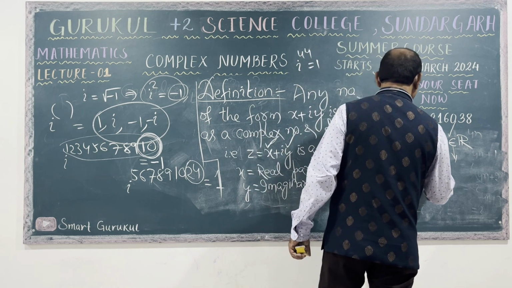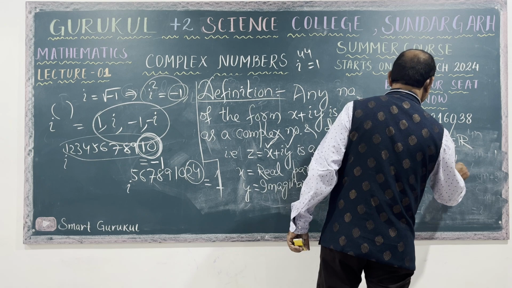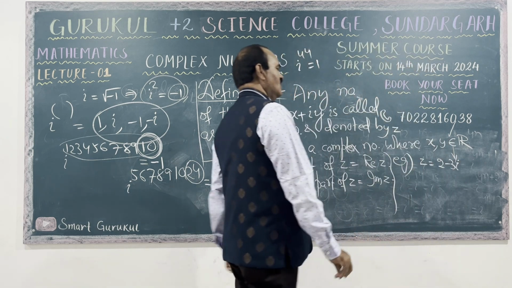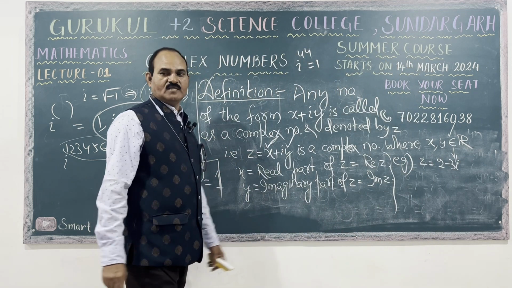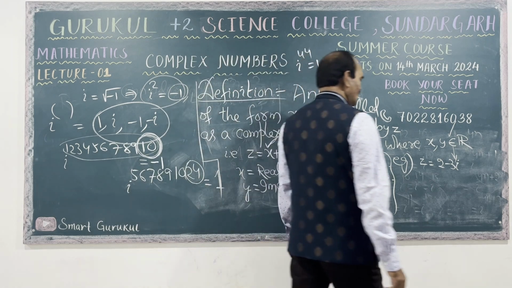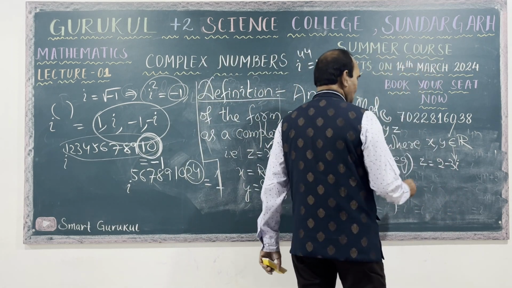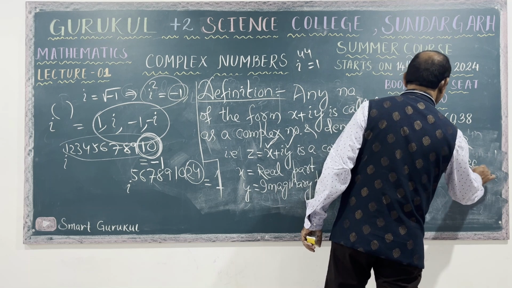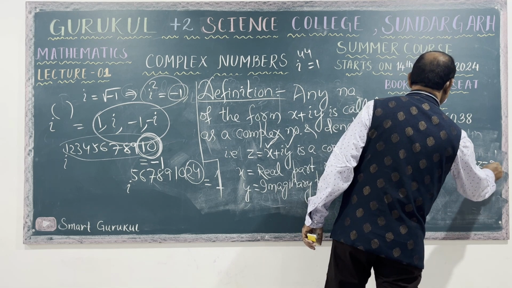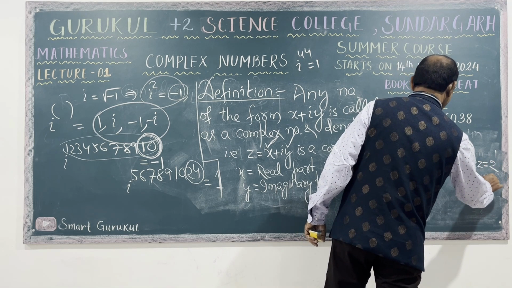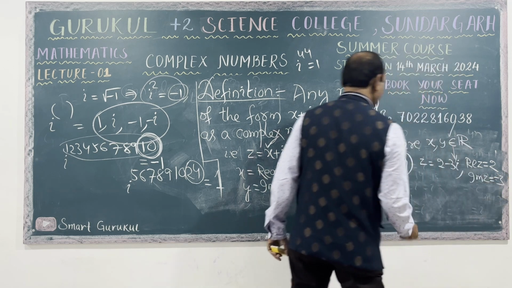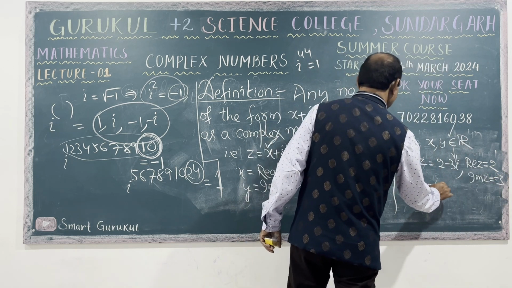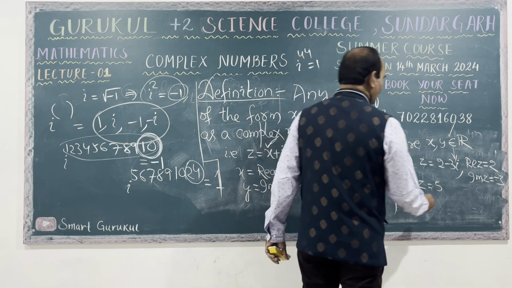Just for example, suppose z equals 2 minus 3i. Here the real part is 2, whereas the imaginary part is not plus 3 but minus 3. So here Re z equals 2 and Im z equals minus 3. Suppose z equals only 5.